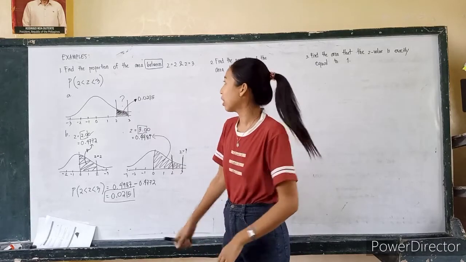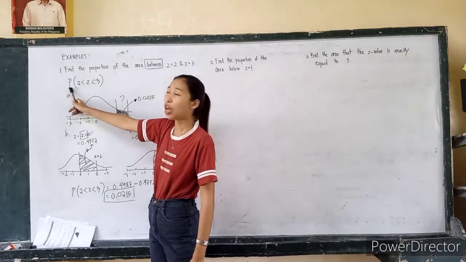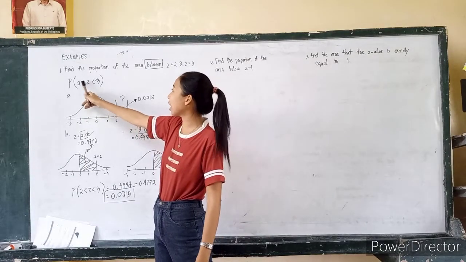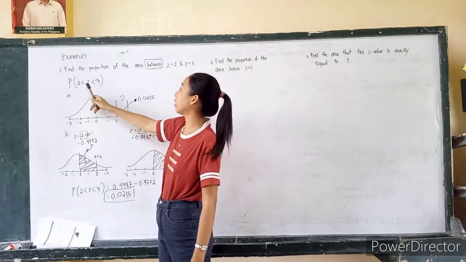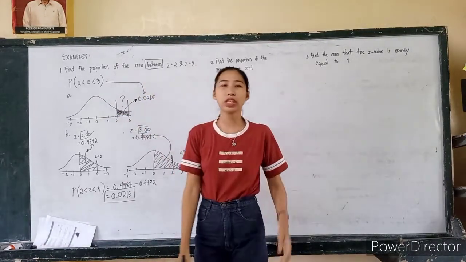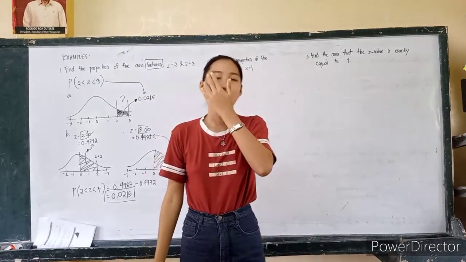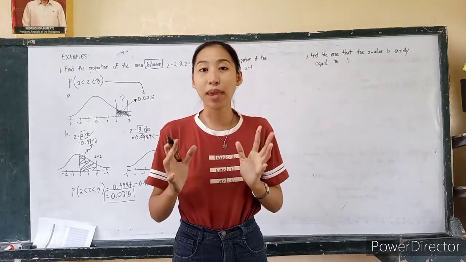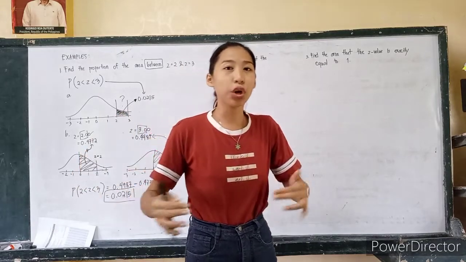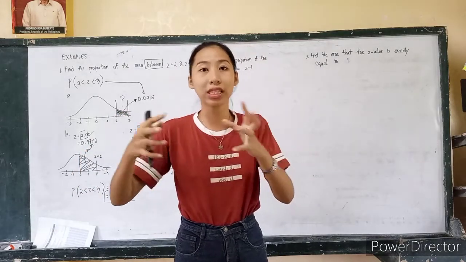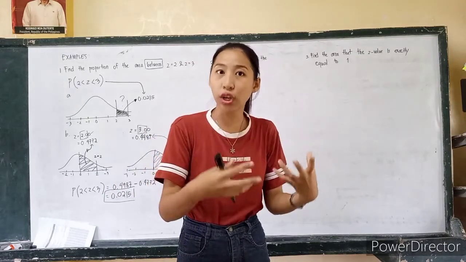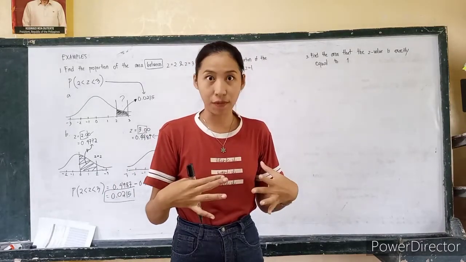That means the probability that Z is greater than 2 and less than 3 is equal to 0.0215. Okay? That is the connection between your Z table and your normal curve. How are we going to use the Z table values in solving the shaded region under your normal curve?